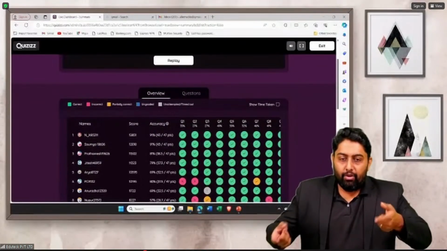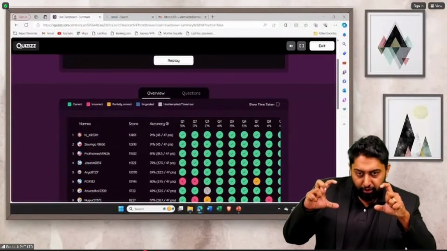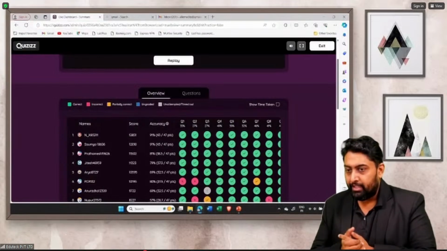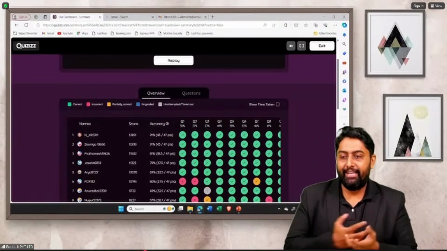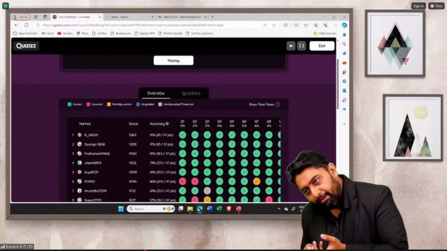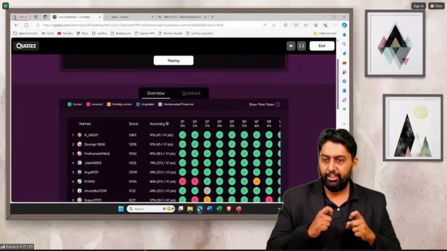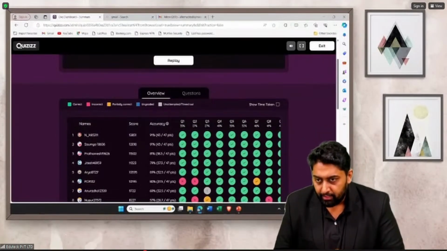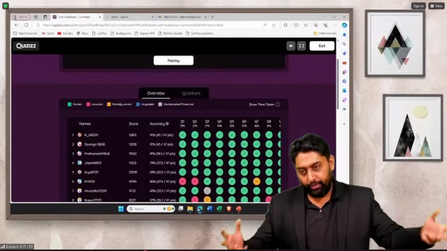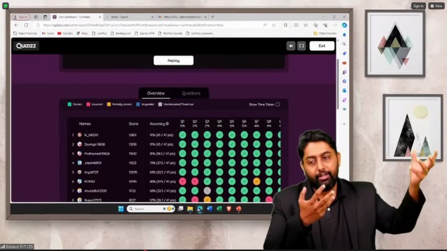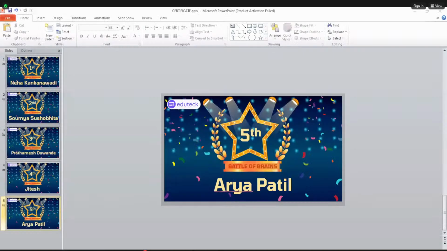You need to also take a snapshot of it from your end and post it wherever you are available on social media. जैसा WhatsApp हो गया, अगर आप WhatsApp पे available होते हो तो आप वो screenshot लेके वहां पे डाल सकते हो. That secured 5th position in the quiz conducted at EduTeck. If you are on Instagram, you can do that over there. ठीक है? Okay, Arya? Yes, sir. Yeah, just a second.